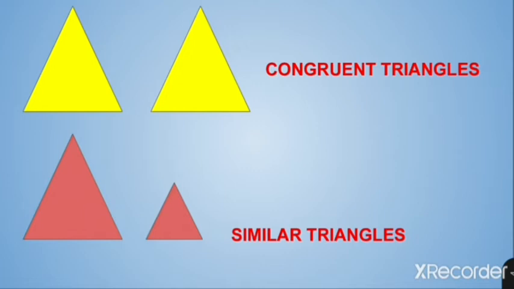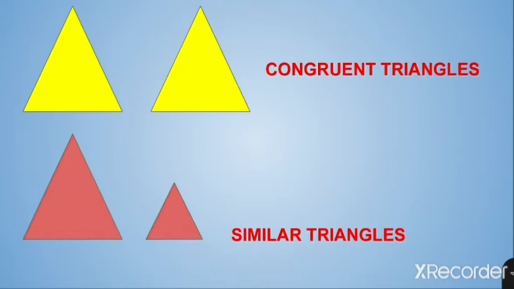But when you see similar triangles, you will see that the shape is same, but not the size. So remember, in congruent triangles, the size and the shape both are same. But in similar triangles, the size is not same.